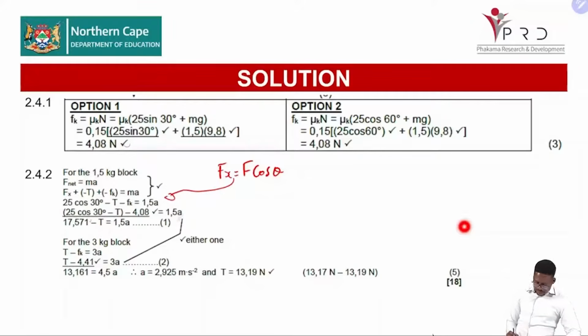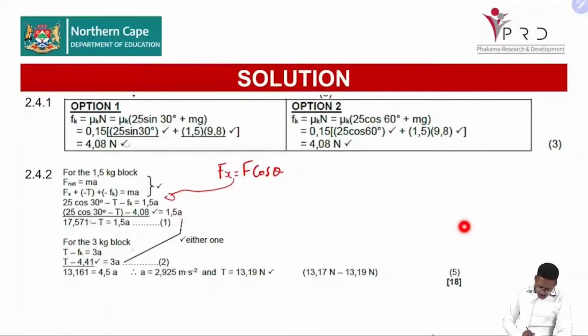We don't know what the acceleration is, so it becomes A. Then 25 cos 30 gives us 17,571 minus tension is equals to 1,5A. So this becomes equation 1.